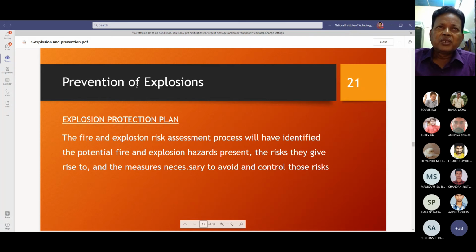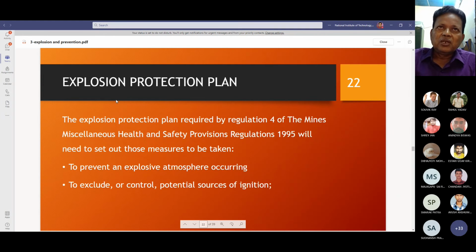So, the most important thing: how to prevent the explosion. Explosion protection plan. The fire and explosion risk assessment process will have identified the potential fire and explosion hazards present, the risks they give rise to, and the measures necessary to avoid and control those risks.